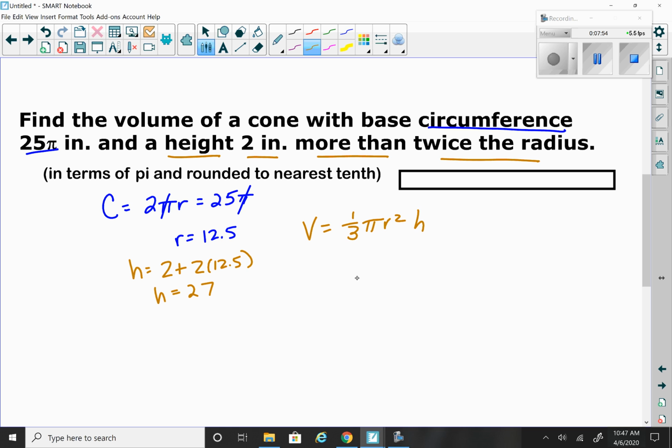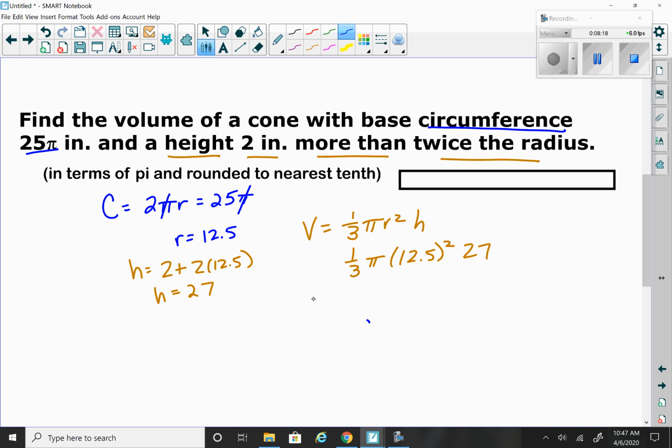So I can plug in a radius of 12.5, squared, and then my height is 27. Notice that it says in terms of pi and rounded to the nearest tenth. When you want it in terms of pi, you just multiply 1/3 times 12.5 squared times 27 to get the answer in terms of pi.